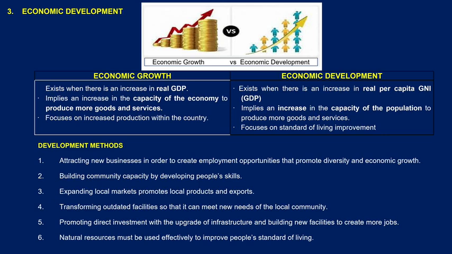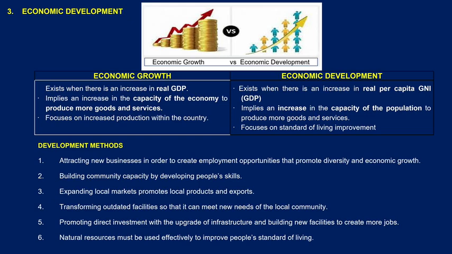Building community capacity by developing people's skills. So economic development happens when people are able to do more. Expanding local markets promotes local products and exports, right? So instead of just producing for the local market, you will be producing for both the local and international markets as well.